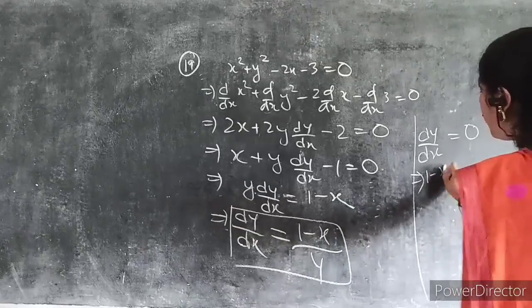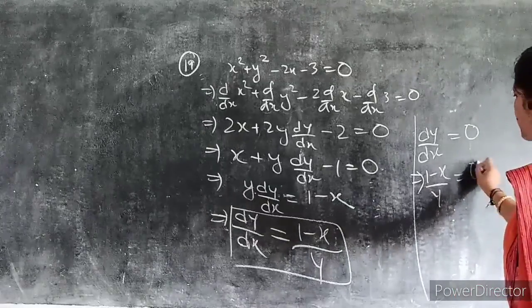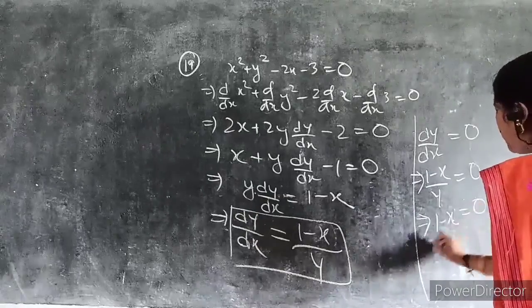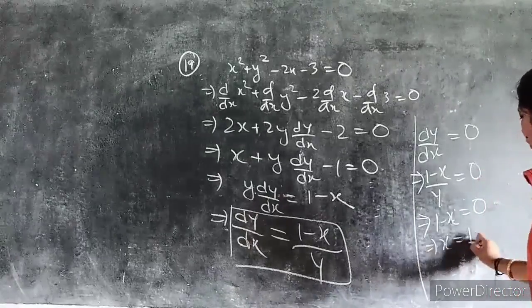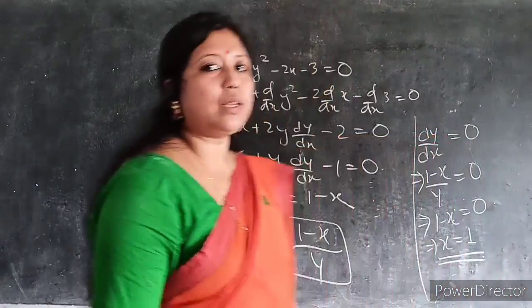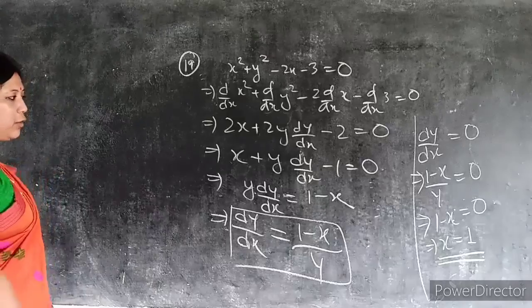That means (1 minus x) by y will be equal to 0. That means 1 minus x will be 0. So you will get the x value as 1. Okay, so now since your x value is 1, let us find the value of your y.